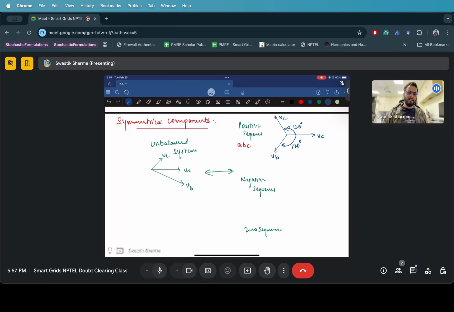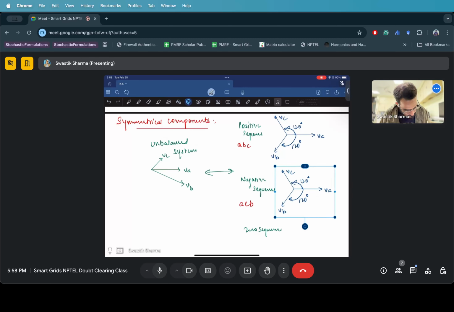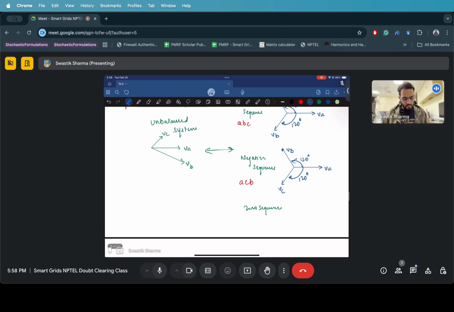But if there is an unbalanced system, we will have a negative sequence component where the phase sequence is anti-clockwise. So same thing, just the opposite phase angles, right?